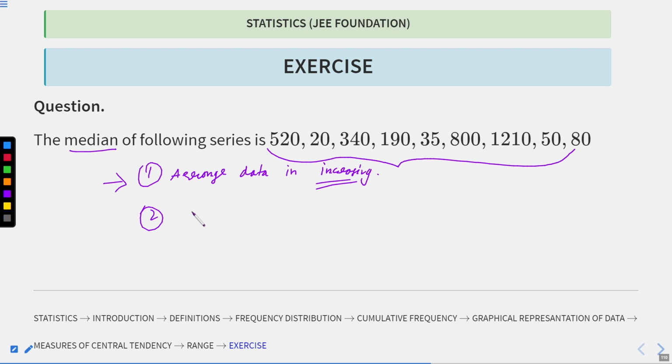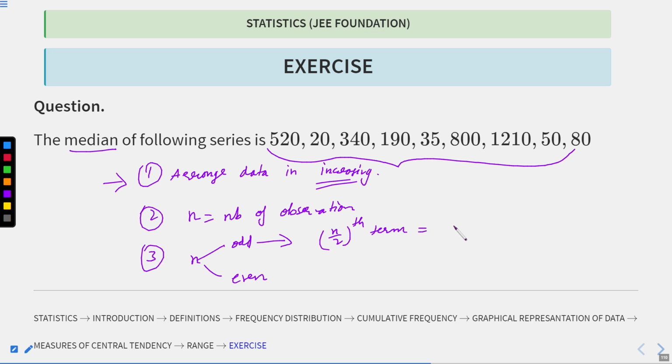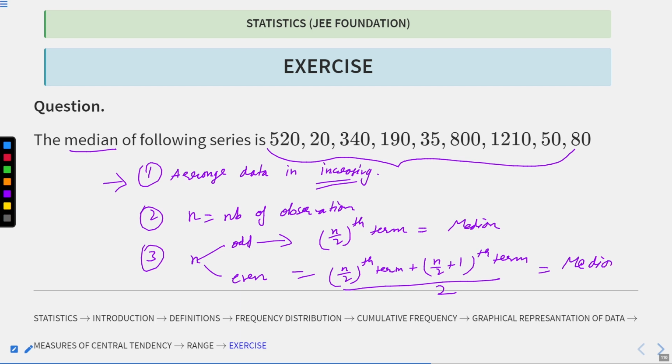Second, find n, the number of observations, and after finding n, categorize it as odd or even. If odd, then the (n+1)/2-th term is my median, and if even, then the n/2-th term plus the (n/2 + 1)-th term, divided by 2, will be my median.